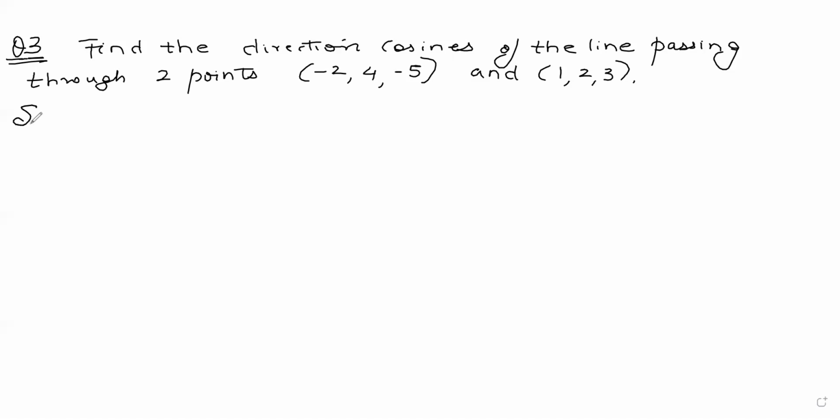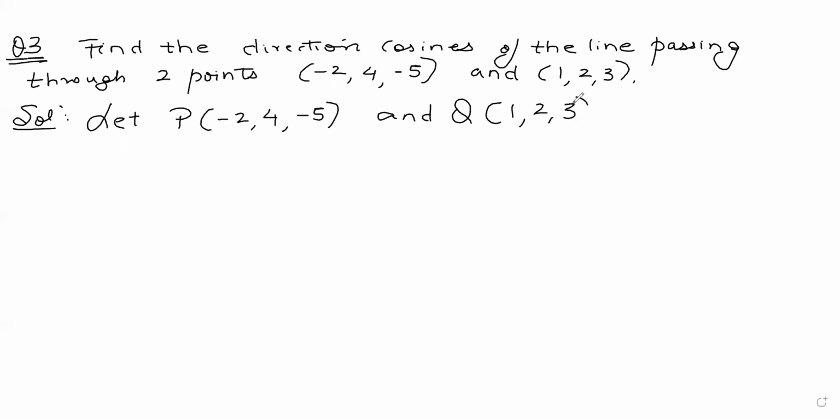So we need to find the direction cosines of a line which is passing through 2 points. So let point P be denoted by the coordinates -2, 4 and -5, and point Q be denoted by the coordinates 1, 2 and 3.